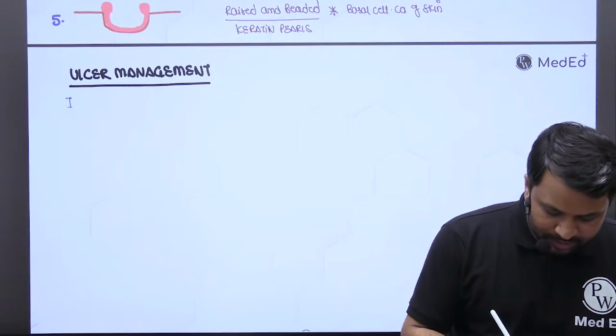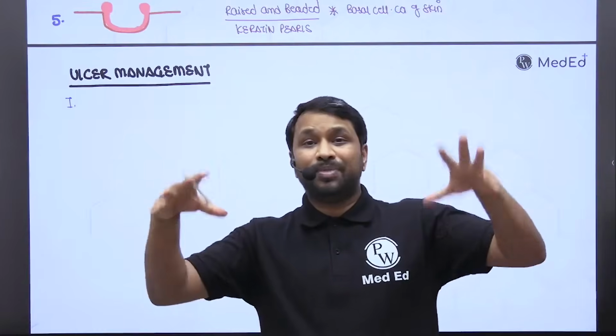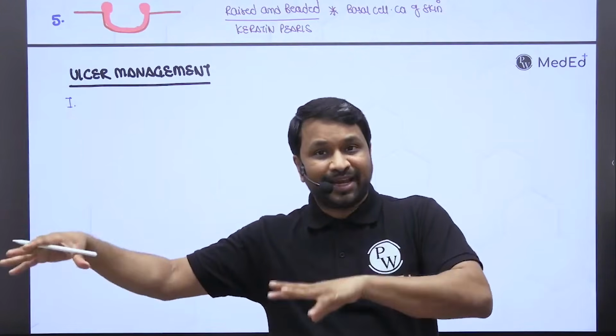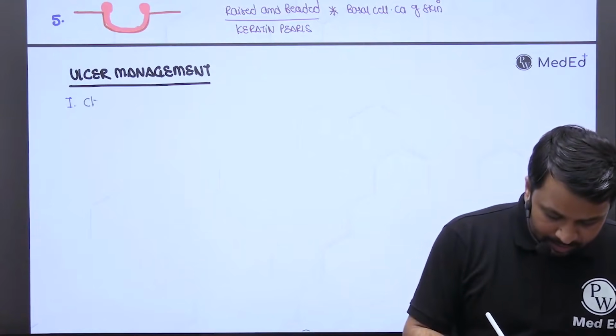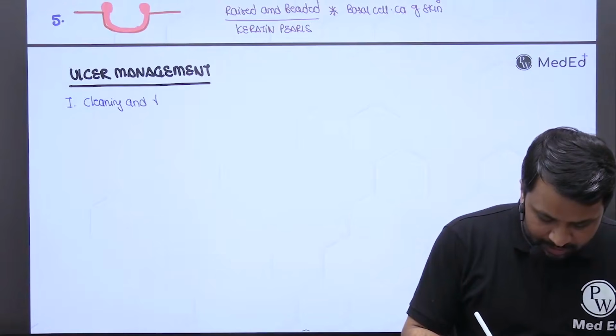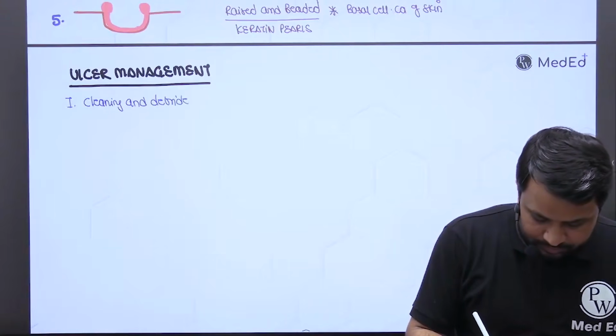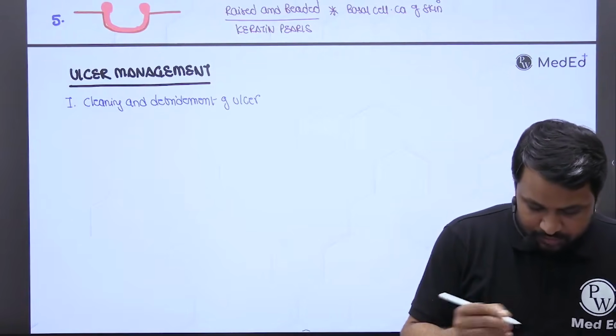What is the first thing? Whenever a patient comes with an ulcer, you have to make sure the ulcer's base, floor and edge are clean. So the first one is going to be cleaning and debridement of the ulcer.